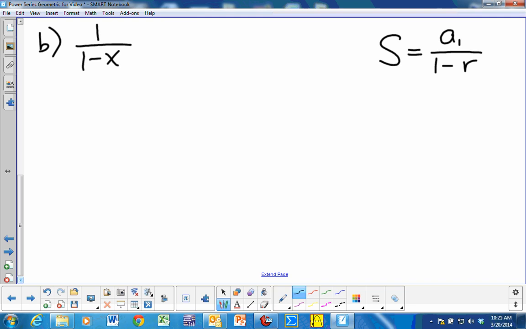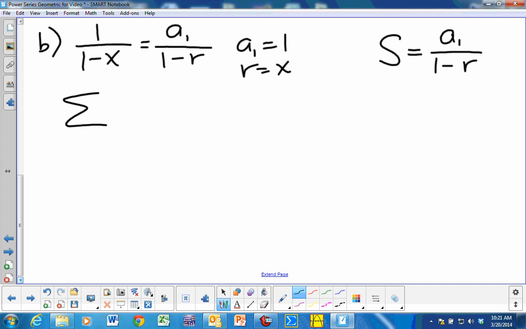Because in fact, if I set it equal to this, you can see that a1, which is the first term, is just 1, and r equals x. So in fact, I should be able to write this as a geometric series, n equals something to infinity. We'll figure out whether we start at 0 or 1 in a second. And then it's first term times r to the n.